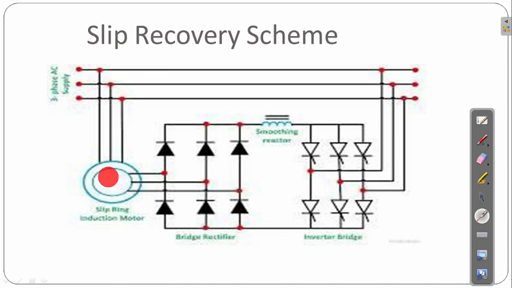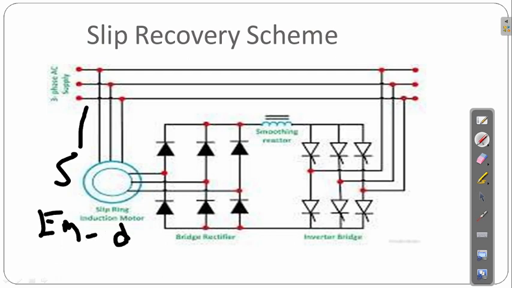From this rotor, we will have electromagnetic waves. We'll have an AC supply to the stator. From the stator, we will have a rotating magnetic field in the rotor. So that AC will come here with the stator, and the electromotive force EMF will be induced in the rotor side.